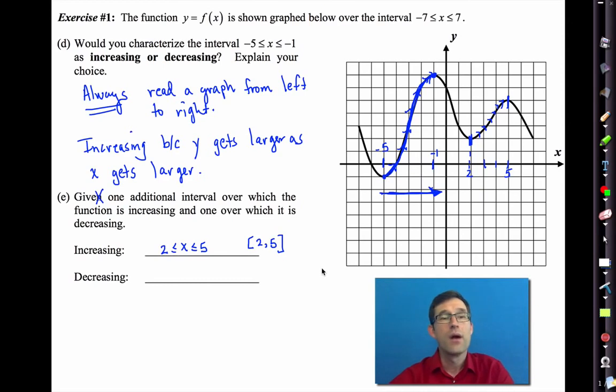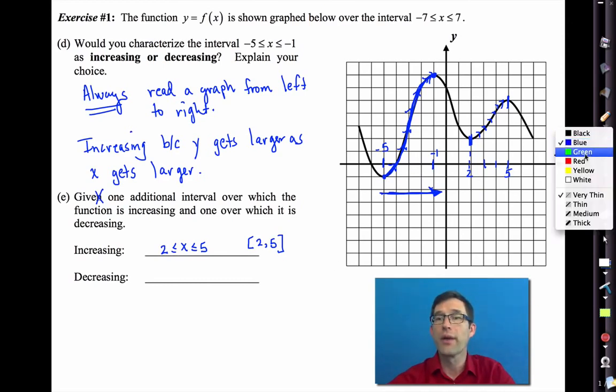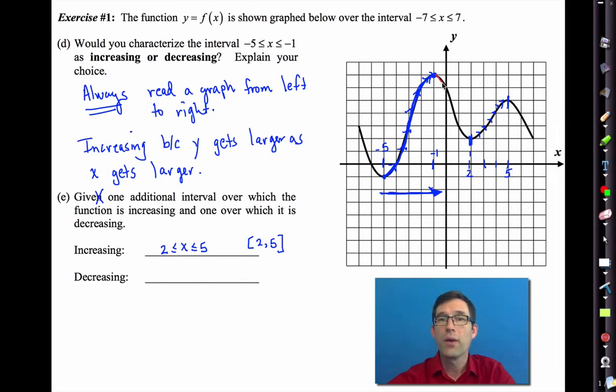Likewise, if we're talking about decreasing, then we're looking for a place where we're going downhill. Why don't we use this stretch in here to go downhill? We'll even keep our text in red. So it looks like we're going downhill from -1 less than or equal to x less than or equal to 2.